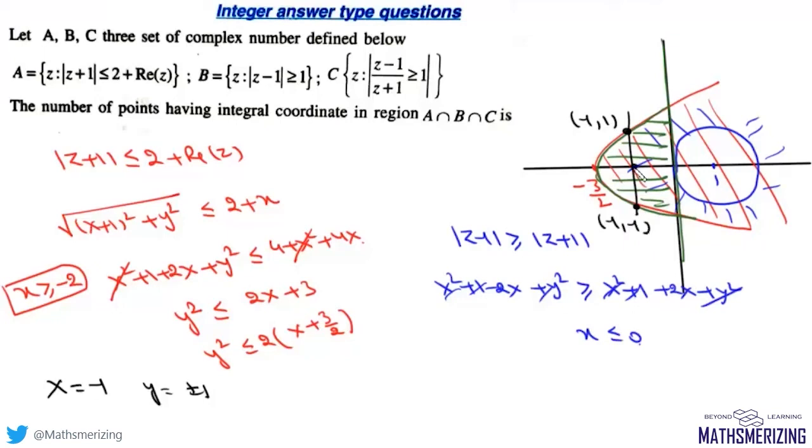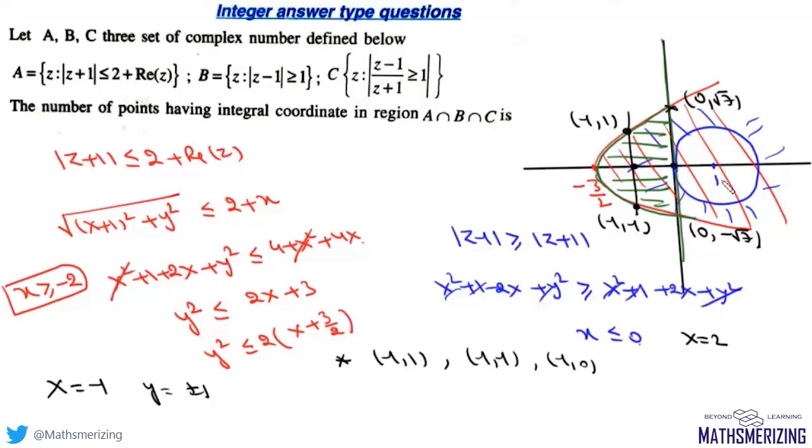And we also have this third point which is (-1, 0). So we have 3 points: (-1, 1), (-1, -1) and then (-1, 0).